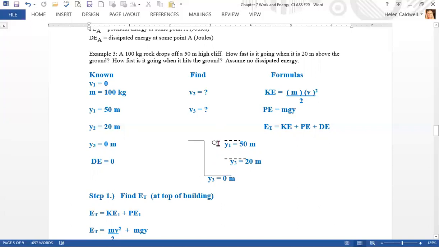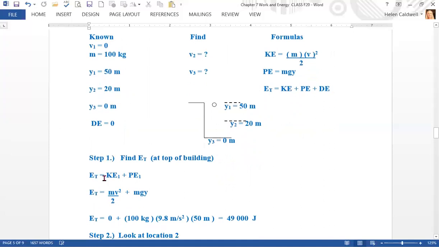All that's happened as you drop is you're going from all potential at the top to some potential and some kinetic at the 20-meter mark to all kinetic at the ground. So we're just changing from stored energy bit by bit to energy of motion, and at the ground, energy of motion. After we hit, we will not be moving and we'll be at 0. But at impact, V3 will not be 0.